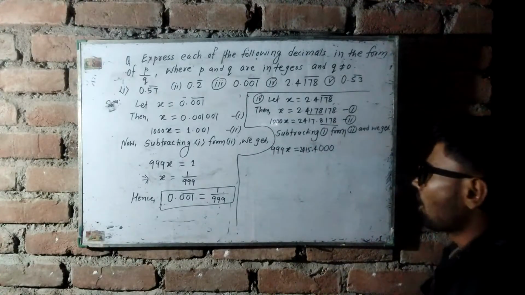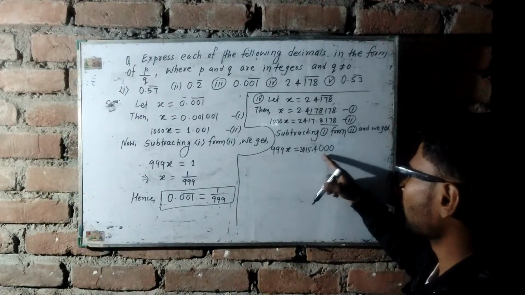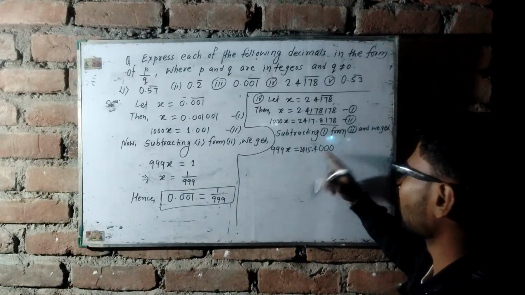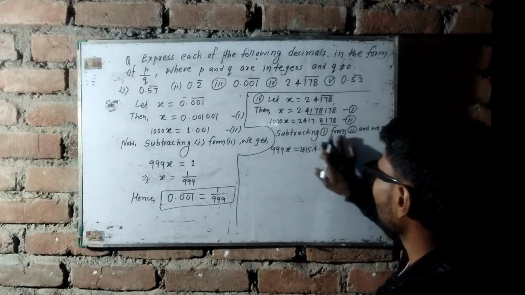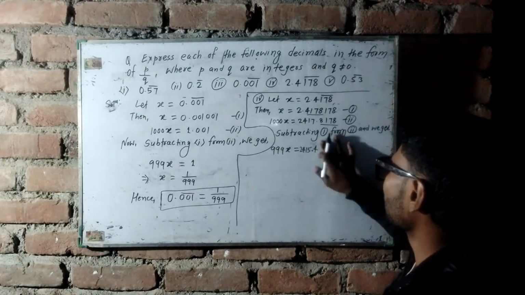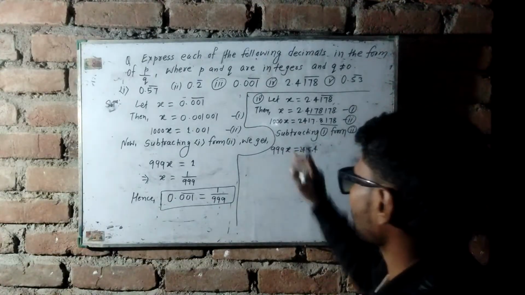Now we can erase this 0 after the decimal point because it doesn't mean anything.